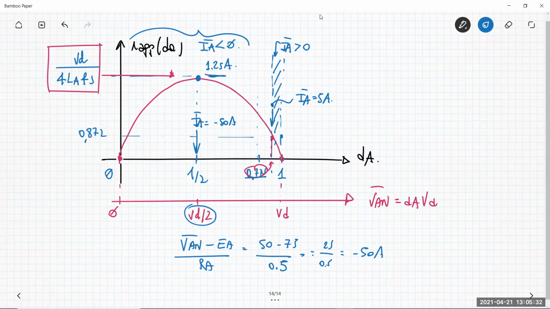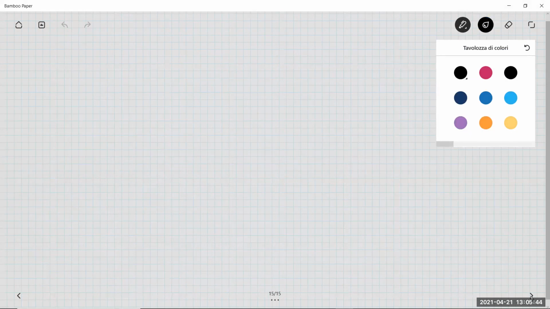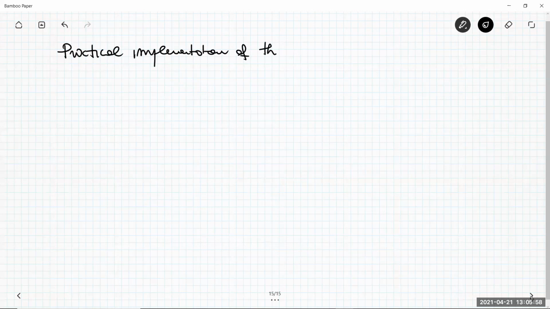Okay, so let's continue with this two-quadrant bidirectional converter in a more practical view. Let's see what the practical implementation of the bidirectional DC to DC converter is.